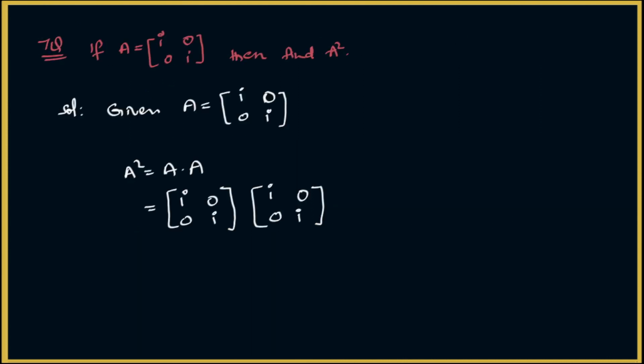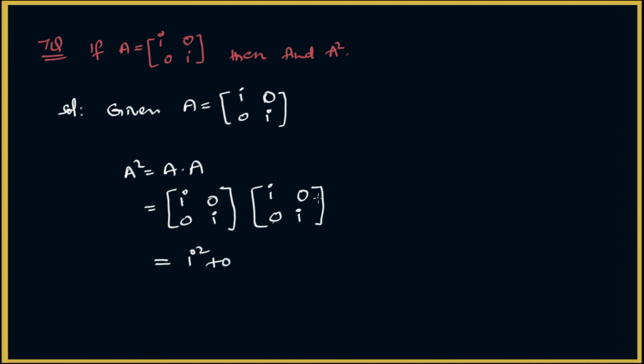Our next question is, if A equals the 2 by 2 matrix i 0 0 i, then find the value of A square. So what about A square? A square means A into A. Here multiplication of two matrices, multiply rows into columns. So we have to multiply first row with first column. So i into i, that is i square. i into 0 is 0.